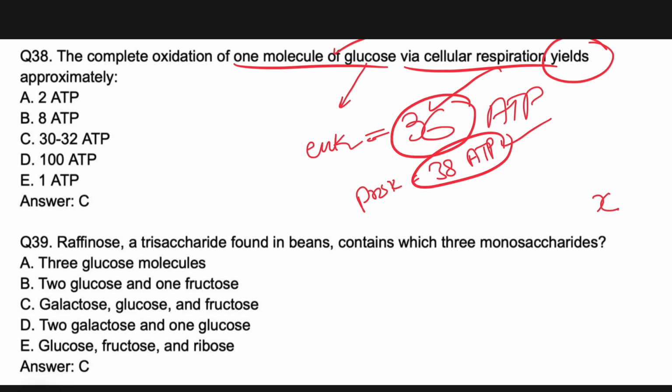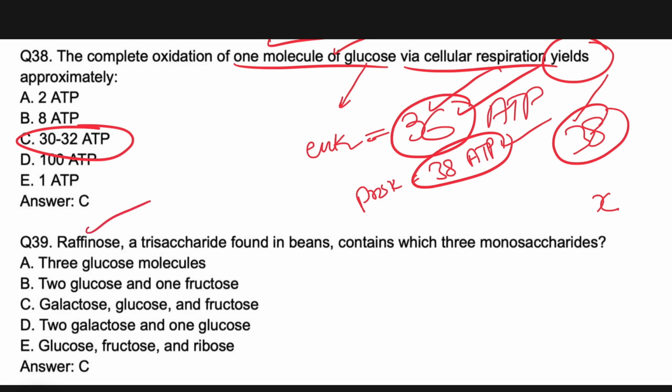So it makes 38 in total, but then you use 2 ATP to make pyruvate go inside the mitochondria. That is why we say the net profit is 36 ATP in eukaryotes, the ideal number of ATPs produced by one molecule of glucose. If you look at the options, this is the closest option that we have. That is why option C is the correct option.